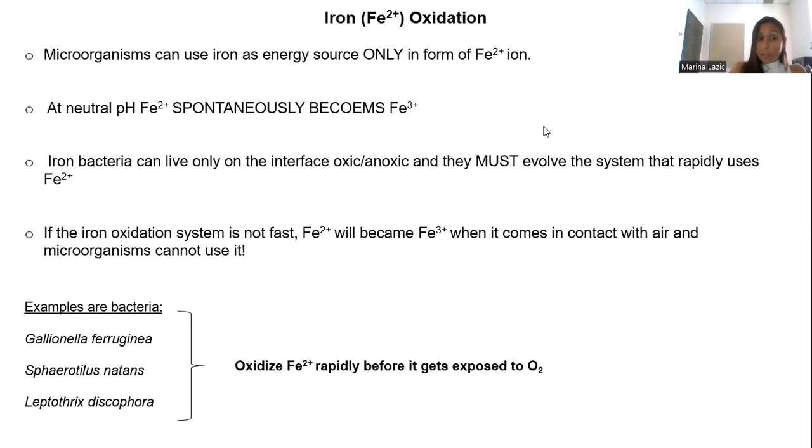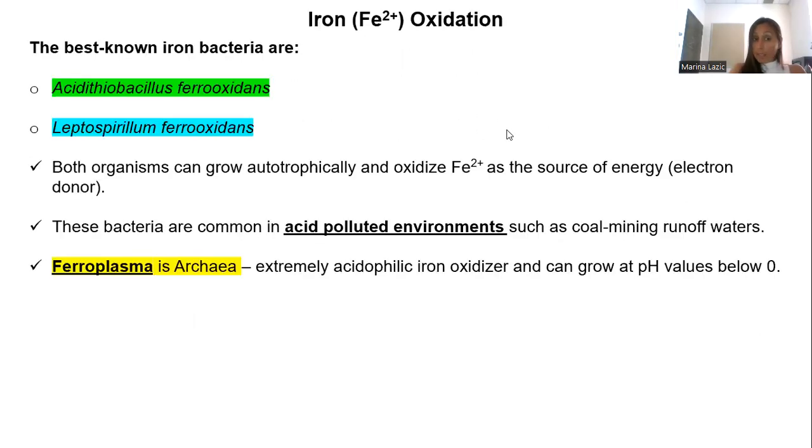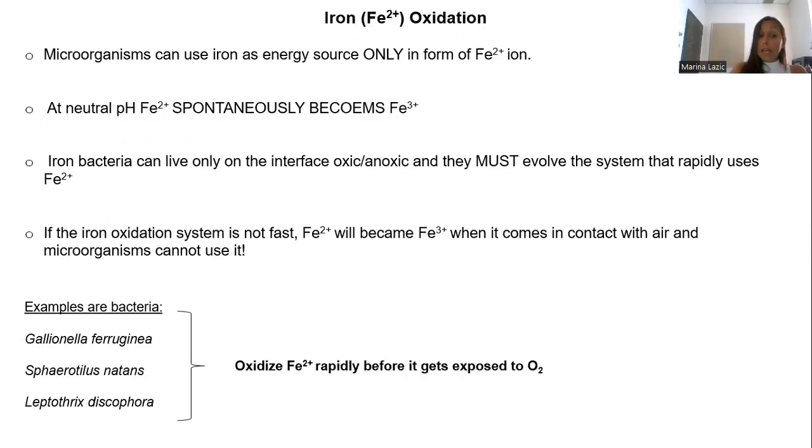Some examples of iron oxidizing bacteria other than Acidithiobacillus and Leptospirillum ferrooxidans are Gallionella and Leptothrix. They are also iron oxidizers, but they are specific because they use oxygen as a terminal electron acceptor.